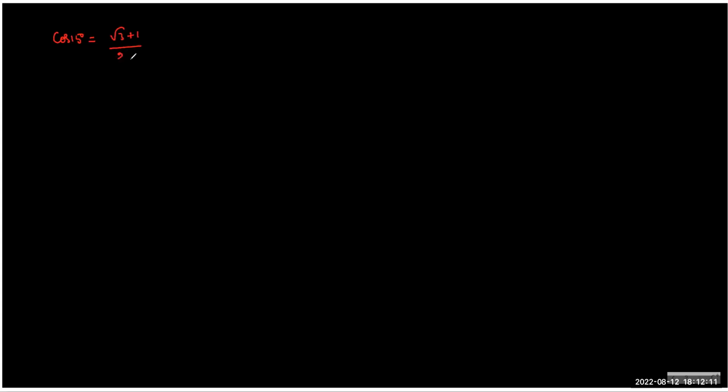Correct. So it becomes just plus, right? And why not? Let's find the tan 15. So tan 15 will be how much? Root 3 minus 1 upon root 3 plus 1. Very good. That's a really interesting answer. So root 3 minus 1 upon root 3 plus 1.